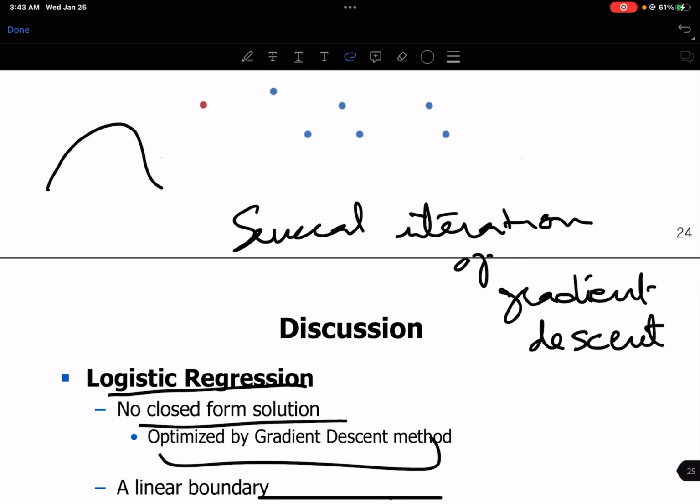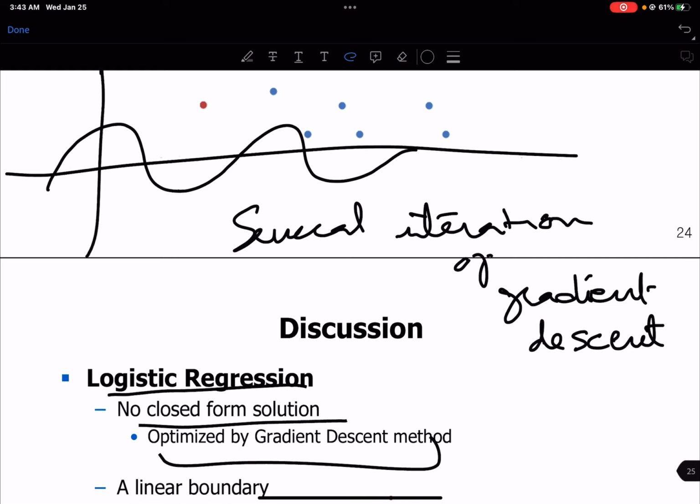For example, this is your function. This is the local minimum value, and our gradient descent is trying to learn with each step to find this minimum value.